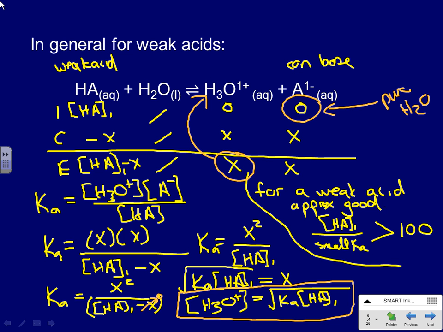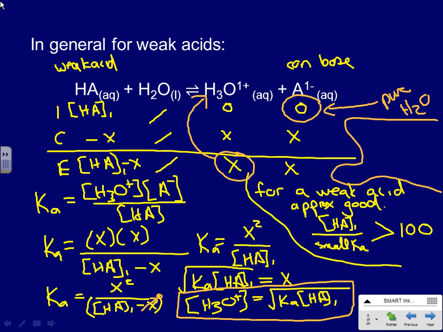I'm done. If I'm given the pH and I want to solve for the Ka, I could use this equation, but I could just substitute in H3O plus there. And I wish I had room to write it. I guess I'll squeeze it into this space right here. Again, you guys can write it down below.